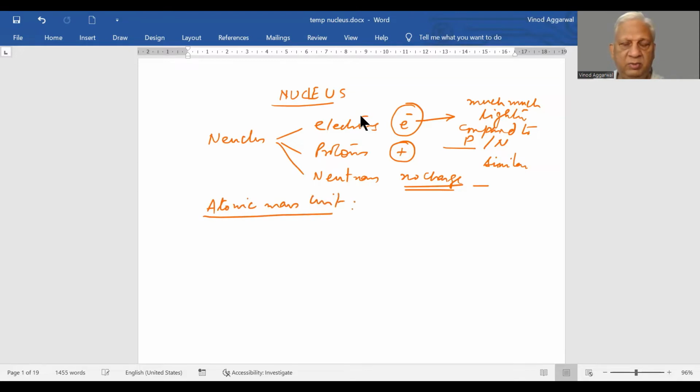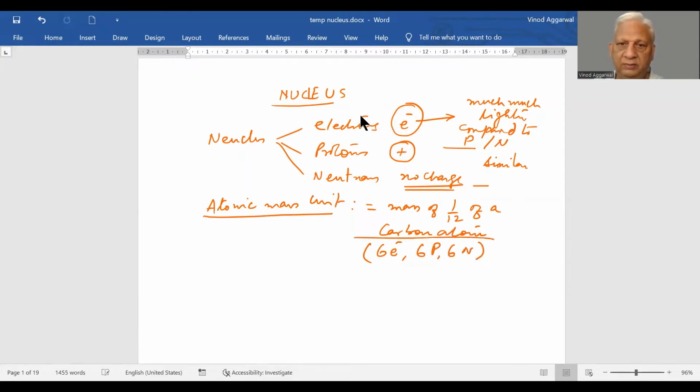And what is an atomic mass unit? It is equivalent to the mass of 1/12 of a carbon atom, which contains basically 6 electrons, 6 protons, and 6 neutrons.